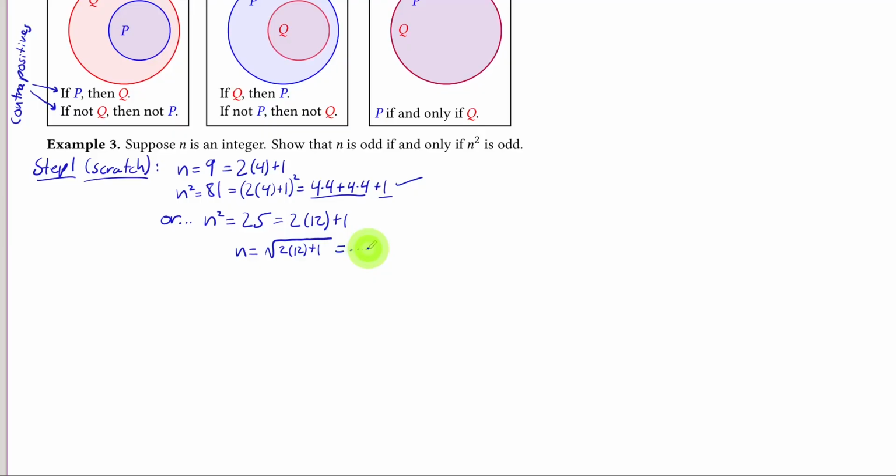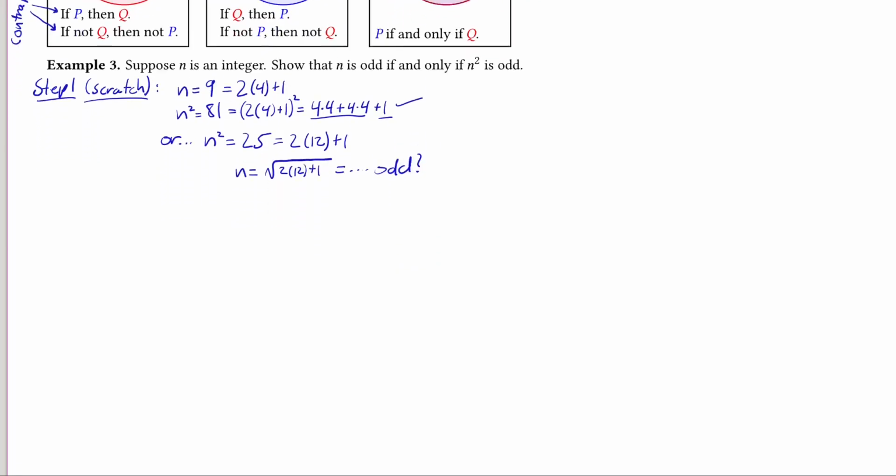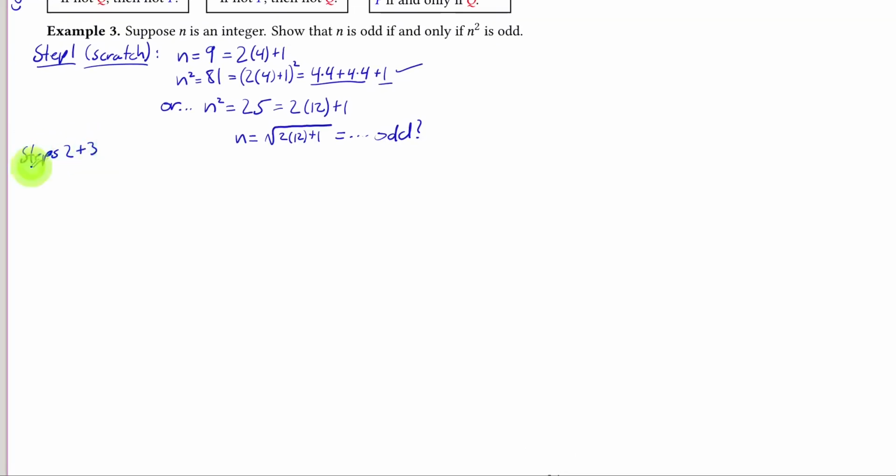I'm not sure how to do that algebra. So I can see that going from n squared being odd to n being odd is tough. Okay, we'll keep that in mind, but we did a little scratch work. Let's go ahead and try the proof. To outline it, we need to prove two things: the if P then Q and the if Q then P.